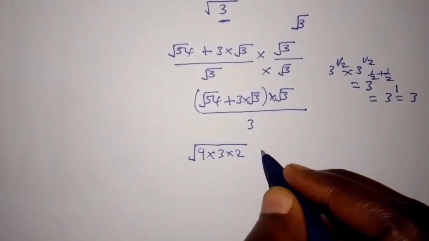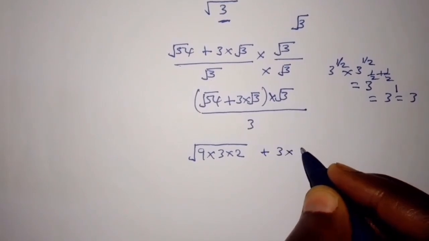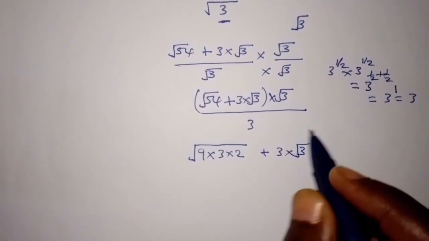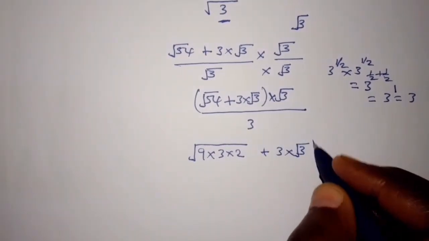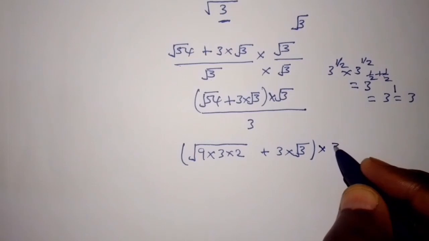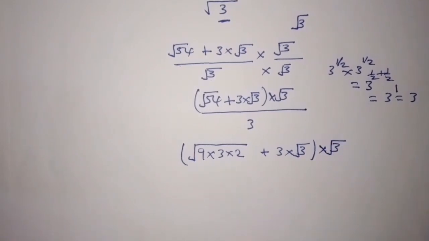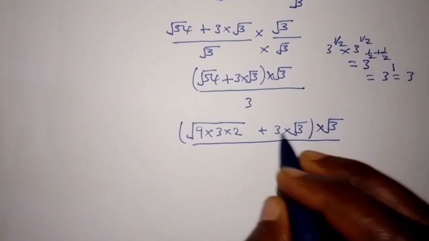Then we add 3 times square root of 3, then we multiply by square root of 3 over 3.